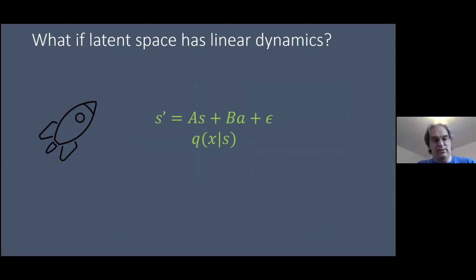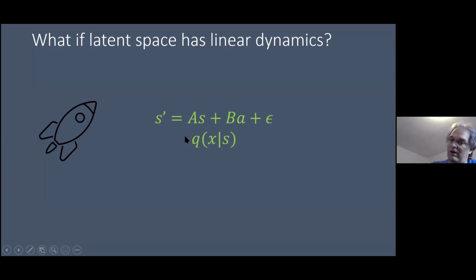So what if the latent space has linear dynamics? That's kind of a different question. The natural version of this is something like a rocket ship, where you have your location in space, you have your evolution through time, which is what the A matrix does, and then you have your thrust, which is what your rocket thrust does, and then maybe you have some noise of one sort or another, and that leads to a new state.